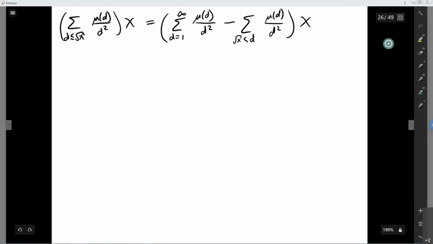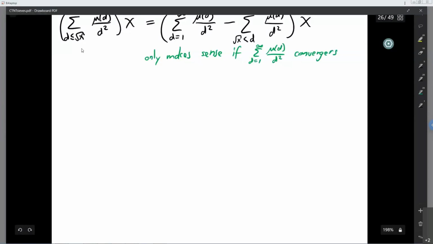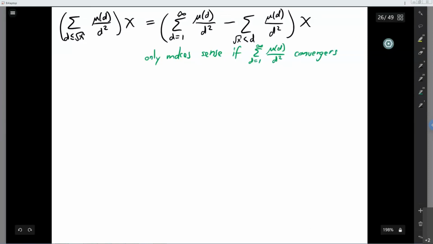Now, technically, we should be a little careful. This only makes sense if the infinite sum converges. Otherwise, what we've done is written a finite number, a function of x, as infinity minus infinity, which is not good. Infinity minus infinity is indeterminate.